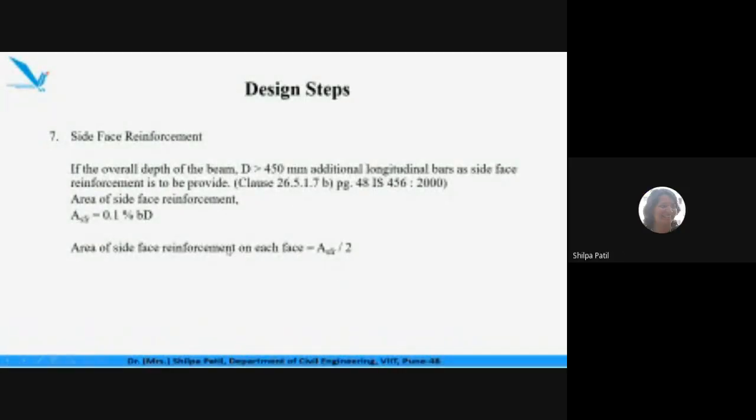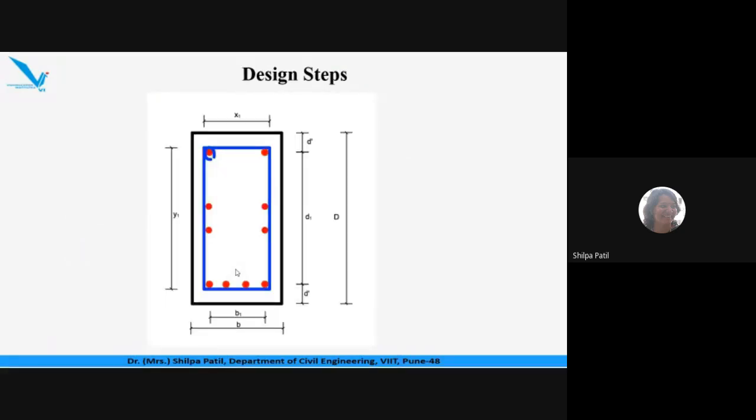Is it clear? While providing this reinforcement, will our beam become over reinforced? No, it will not, because we are designing it to take care of torsion. When do we call a beam over reinforced? When the area of steel on the tension side is more than the steel required for a balanced section.